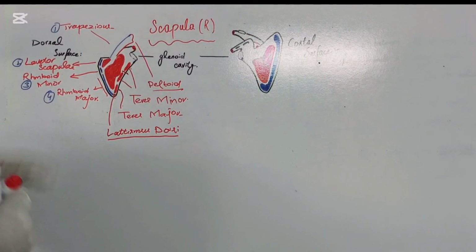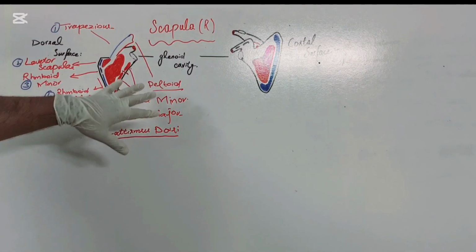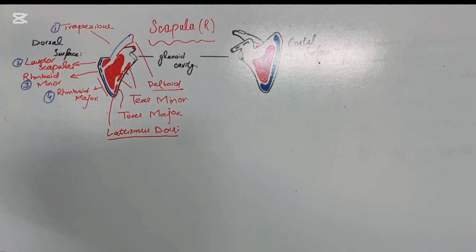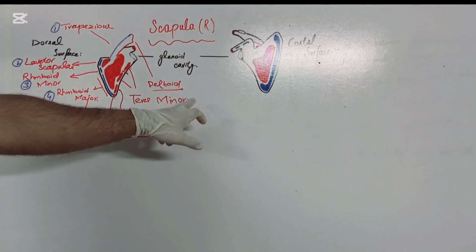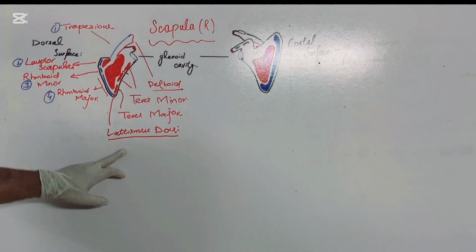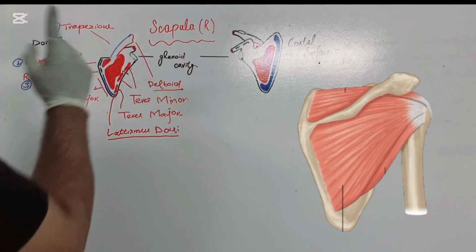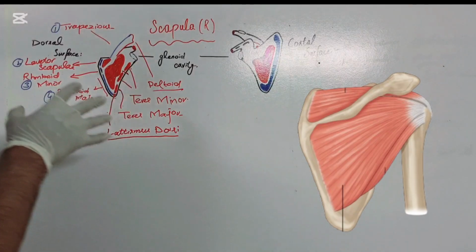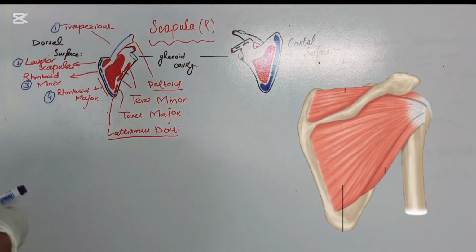And remaining all the muscles which are in red are originating muscles, which are teres minor, teres major, latissimus dorsi, supraspinatus and infraspinatus are the major muscles that are attached on the dorsal aspect and are divided by the crest of the spine of scapula.